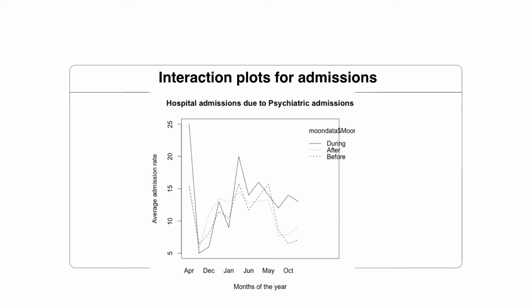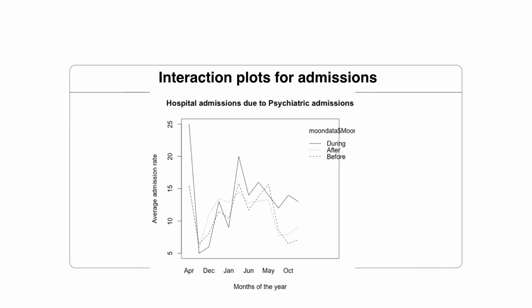These conceptualizations, that is, effect of the full moon status and effect of the month status on hospital admissions, can be investigated using the two-way ANOVA.